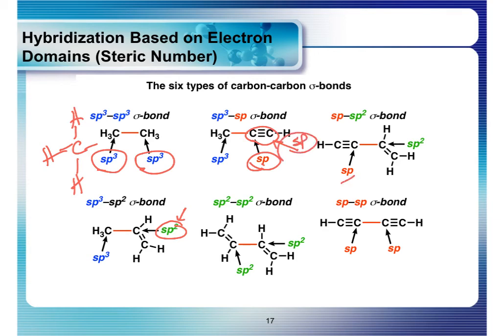So every atom that involves a triple bond is sp hybridized. Every atom that is involved in a double bond is sp2 hybridized. And then, of course, every atom that has only single bonds is sp3.